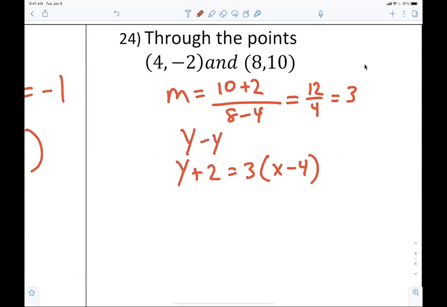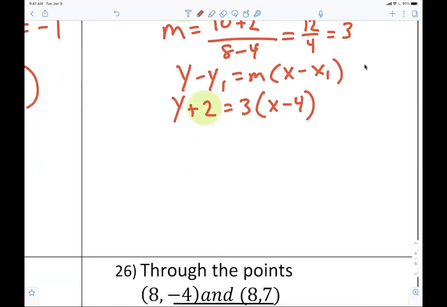Y minus y1 equals m times x minus x1. What is the y value, Avery? So what's y minus -2? Right? Go, come on, continue.